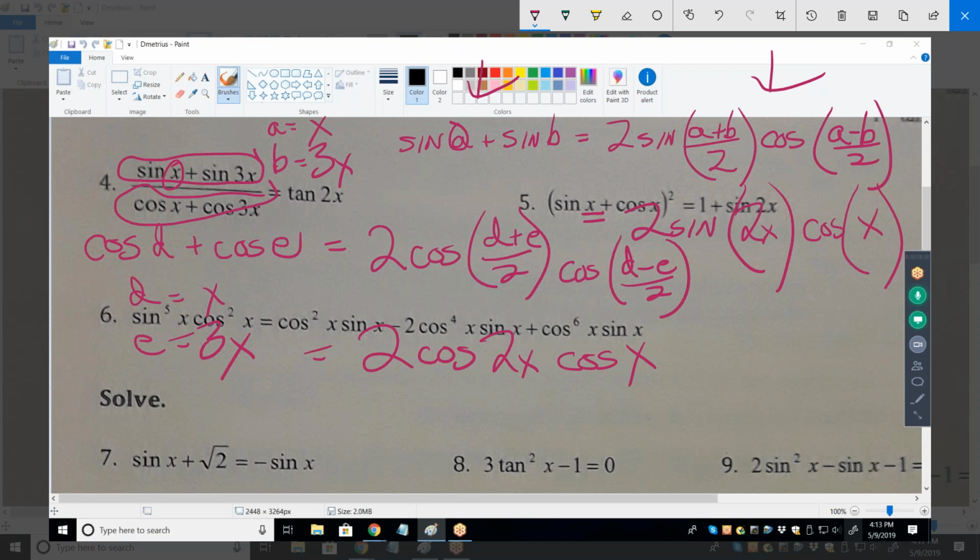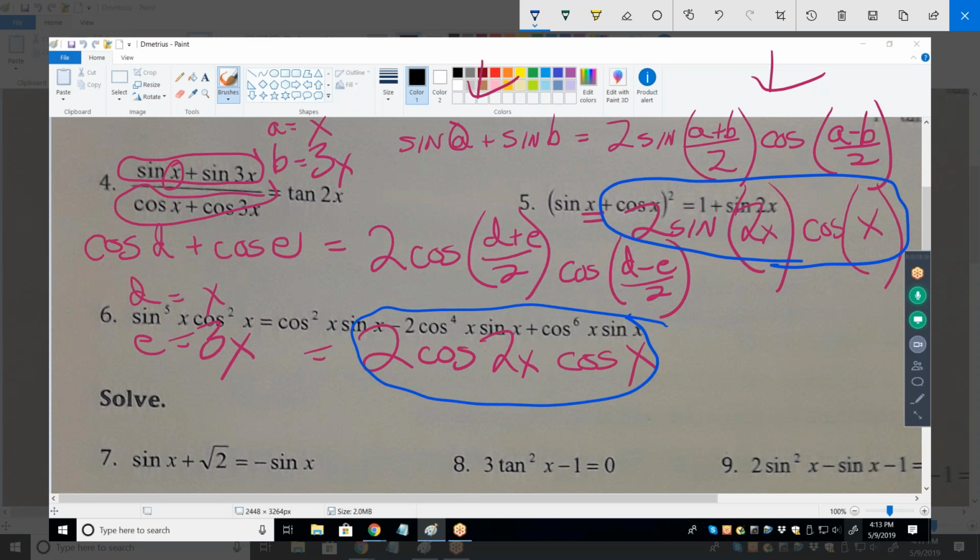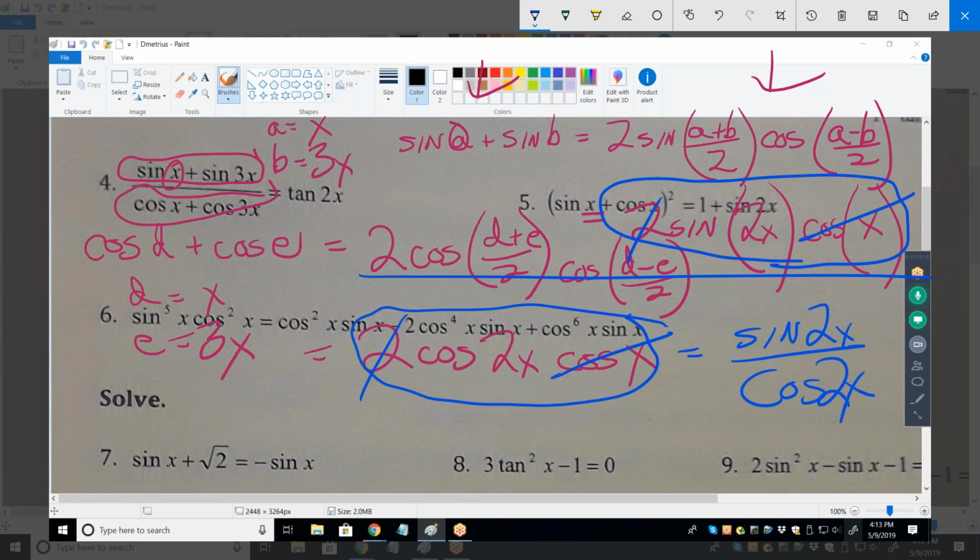So now we have the numerator and the denominator. We just put a big long line between that. Notice the 2's cancel, the cosine of x cancels. What am I left with? Sine of 2x over cosine of 2x, which is equal to tangent of 2x.